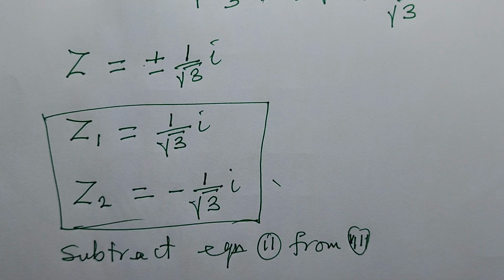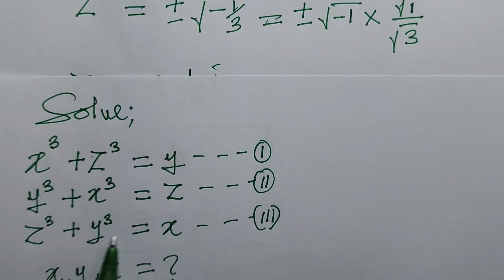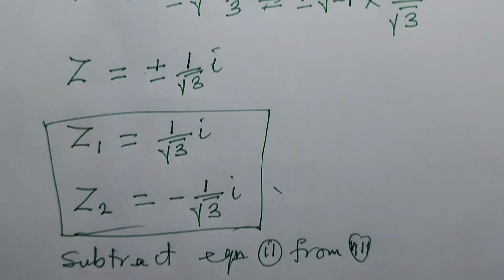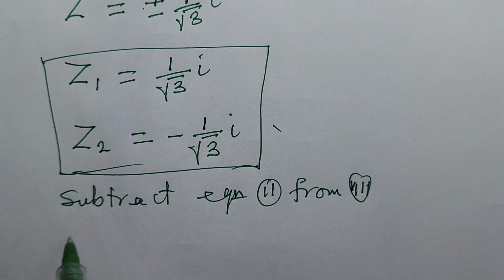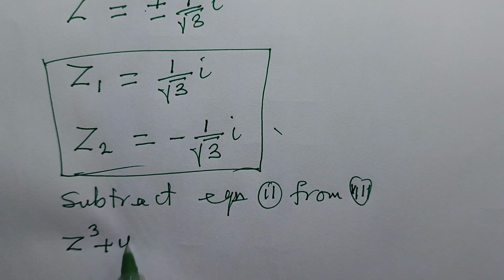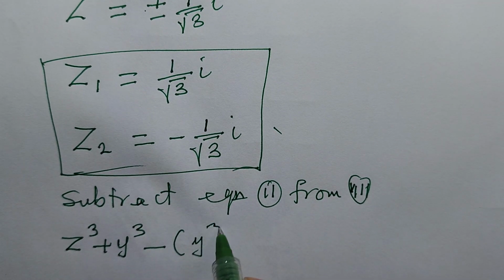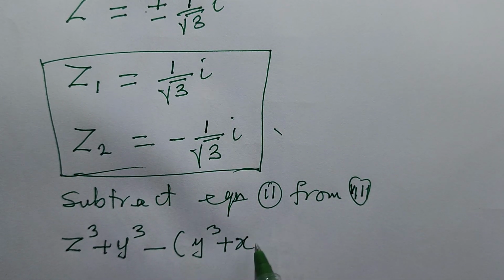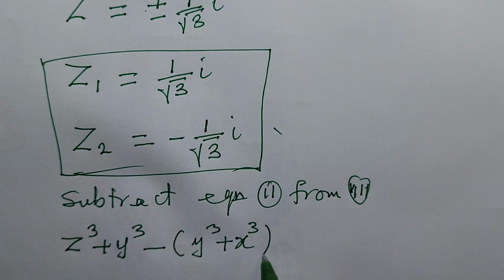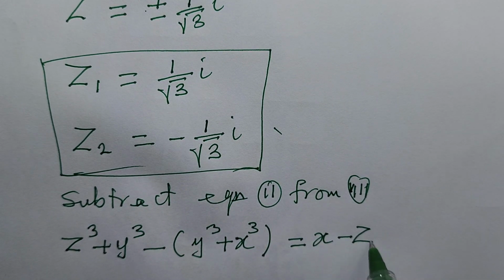Again, let's look at our equation 3. We know this is our equation 3 and this is our equation 2. So this is going to give us z to the power of 3 plus y to the power of 3, minus bracket y to the power of 3 plus x to the power of 3 close bracket, everything equal to x minus z.